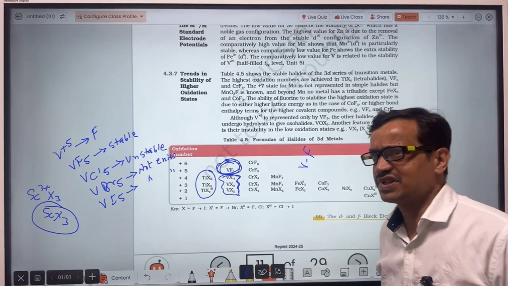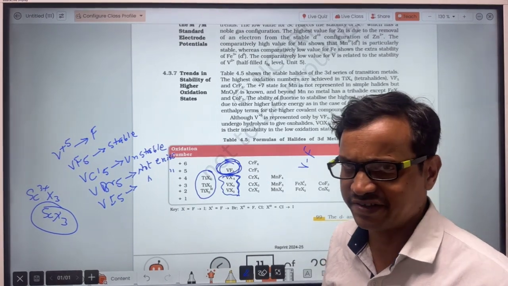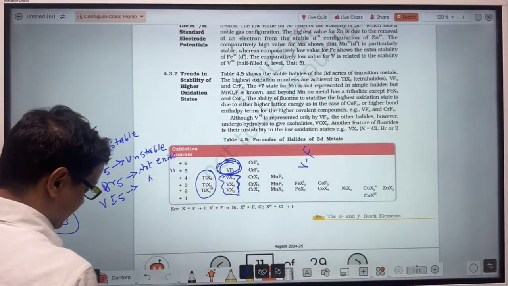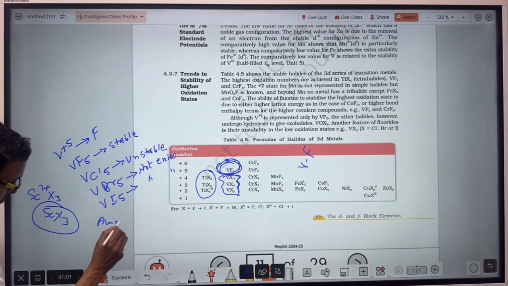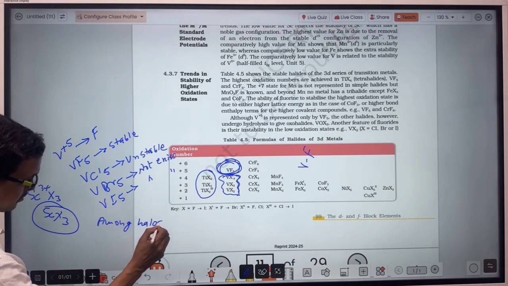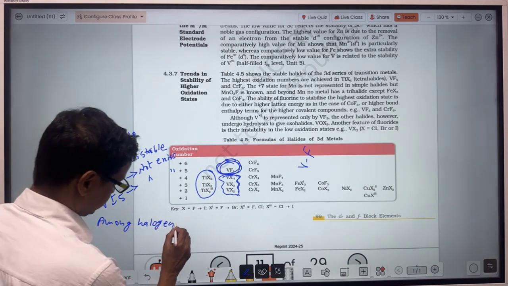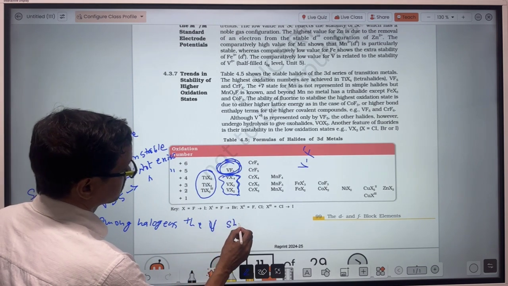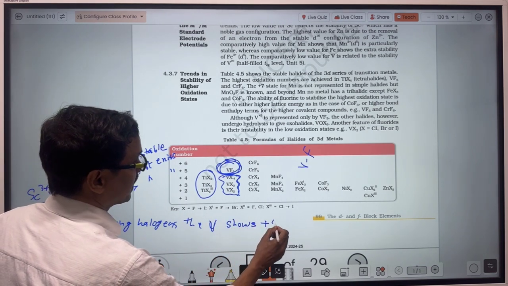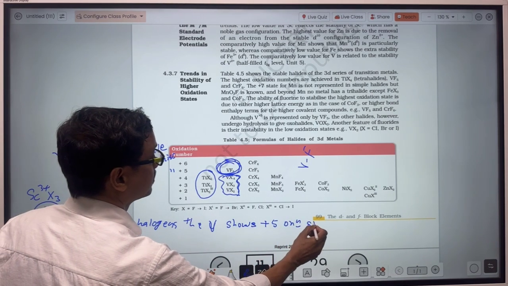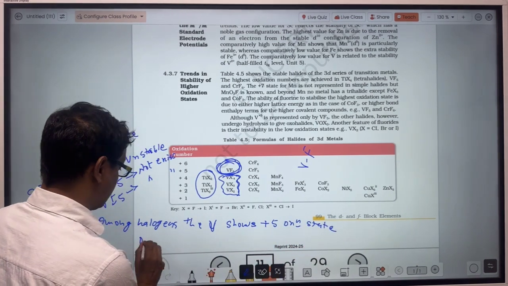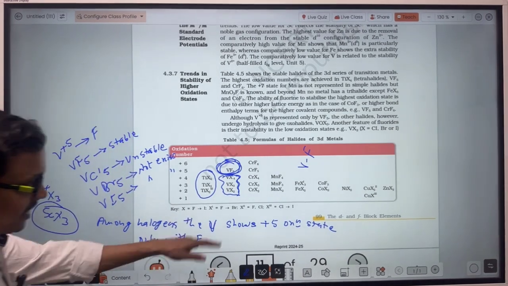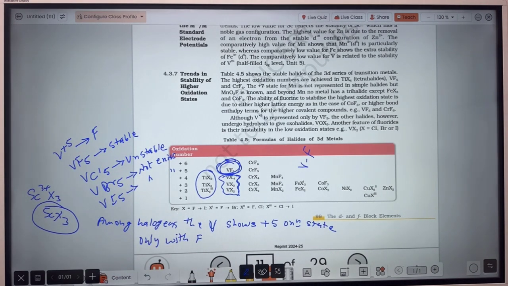So among halogens, vanadium shows the +5 oxidation state only with fluorine, and no other halogen.